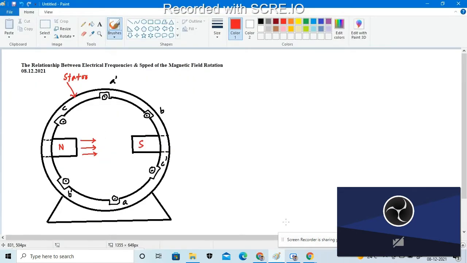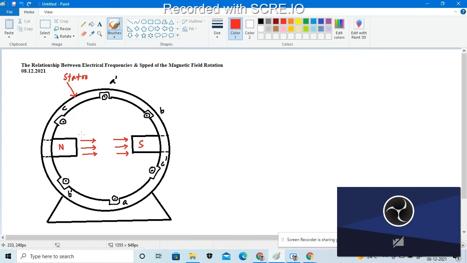So in the south pole, that means the flux will enter the stator, so it will be entering the stator segment. Whenever we represent the rotating magnetic field in the stator, we represent the north pole where the flux leaves the stator, and the south pole where the flux enters the stator.